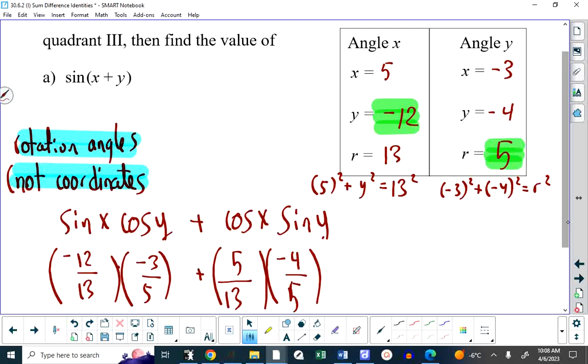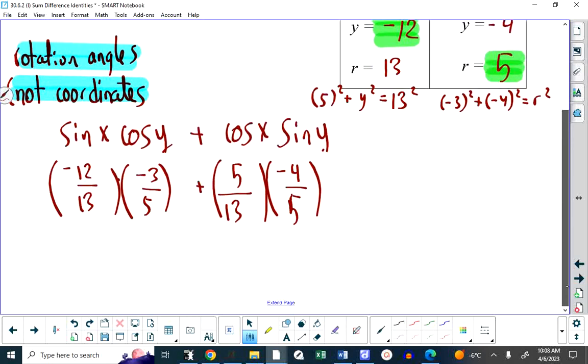The fact that I'm not struggling is the wrong word. I'm being very cautious here. It tells you that you need to be very cautious as well. I know that you could cancel these 5s, but let's consider the fact that we're going to have fractions. If we leave the denominators alone, we'll get a common denominator. This is going to be over 65, because 13 times 5 is 65. We get 36 over 65 minus 20 over 65, which gives us 16 over 65.